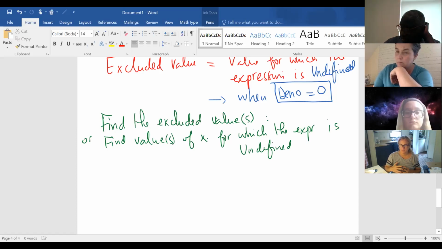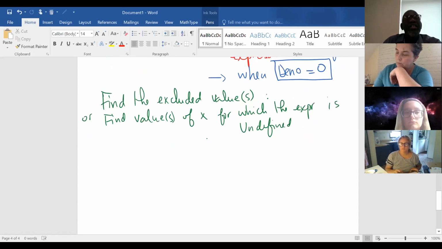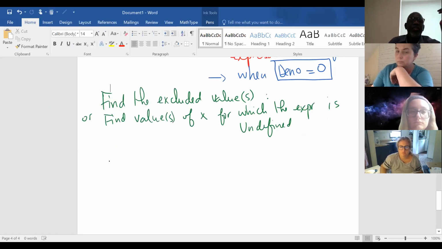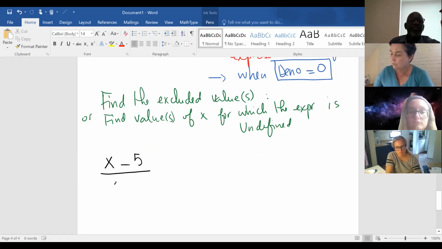These two questions are the same. If we say this, the first example, if we say x minus 5 divided by x plus 7.